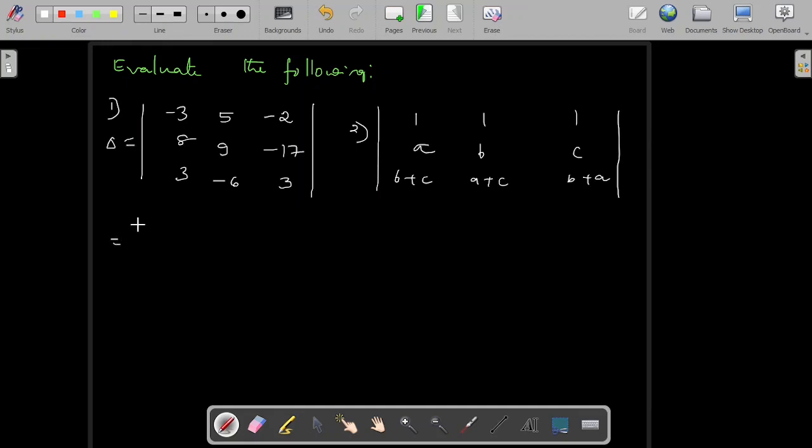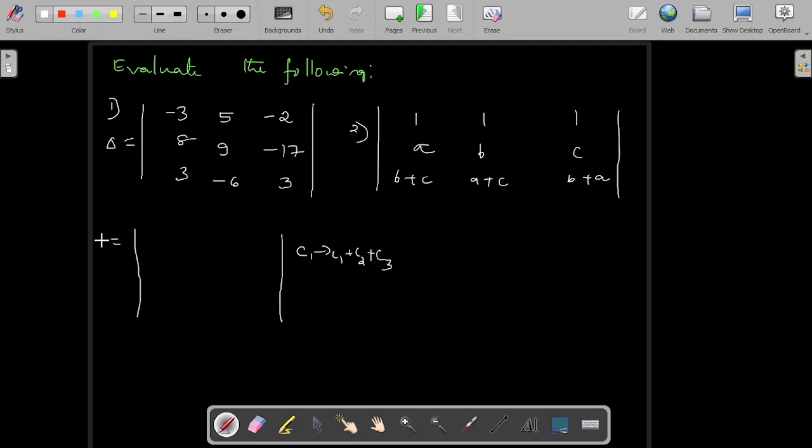Delta is equal to: here, when I add up all the columns to the first column, minus 3 plus 5, 2, 2 minus 2, 0. Similarly, 8 plus 9, that is 17, minus 17 is 0. 3 minus 6 minus 3 plus 3, so 0. Here I'll apply the operation C1 changes to C1 plus C2 plus C3.